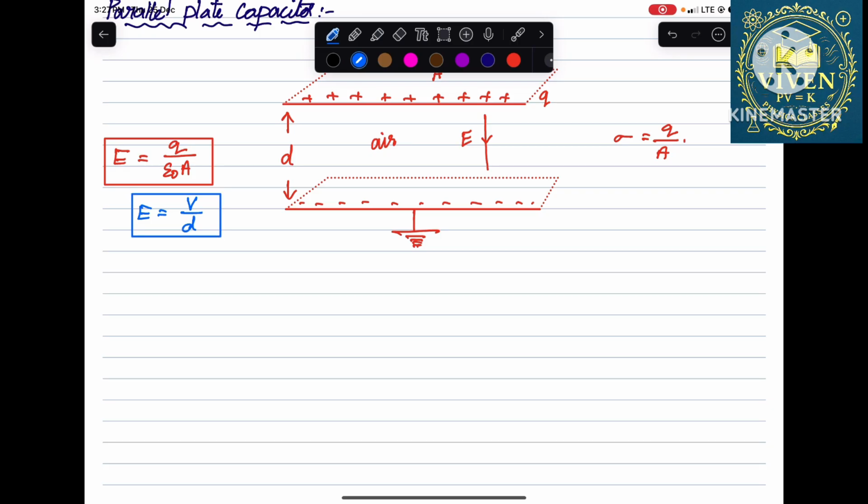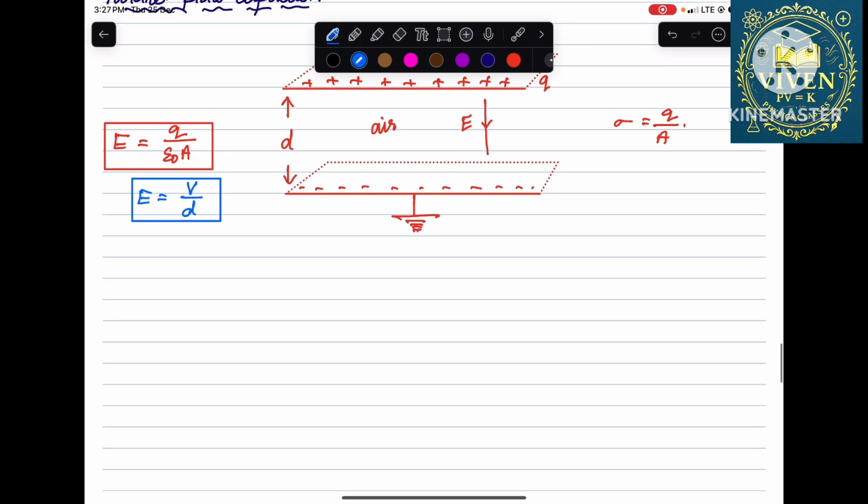So using these two combinations, I can straight away write the capacitance formula. C, the capacity storage of this parallel plate capacitor, is epsilon naught A by d.